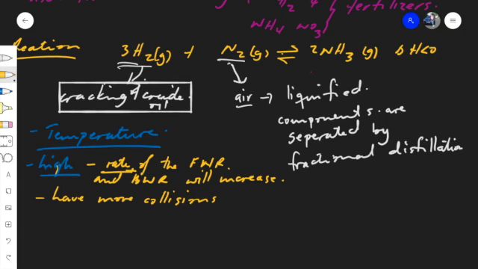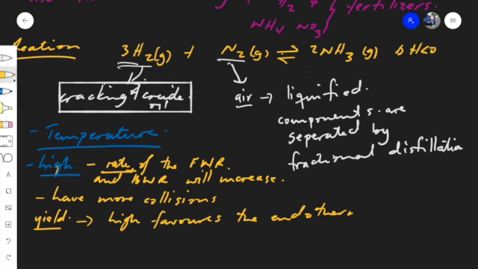All right, so what happens to the yield? Well, we already know that high temperature favors the endothermic reaction.